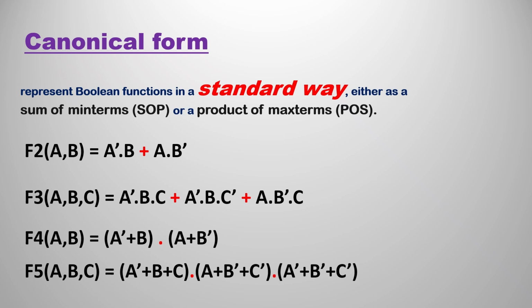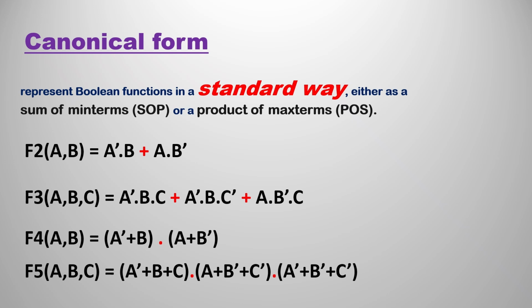These are three other examples so that you can understand what is meant by canonical form. Even if you don't understand, after seeing the non-canonical form you will understand, because the clear-cut difference can be understood with the help of non-canonical form. So let's see these three canonical examples also. In f3 we are going to have three product terms with the plus operator, that is SOP.